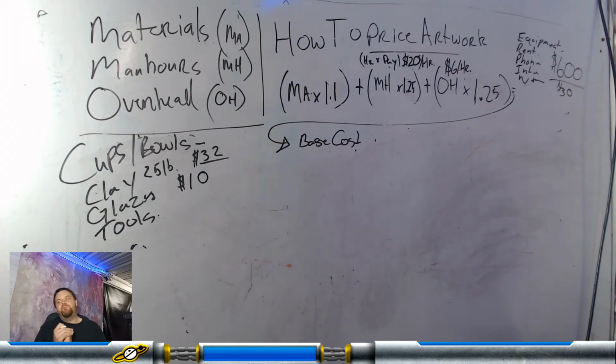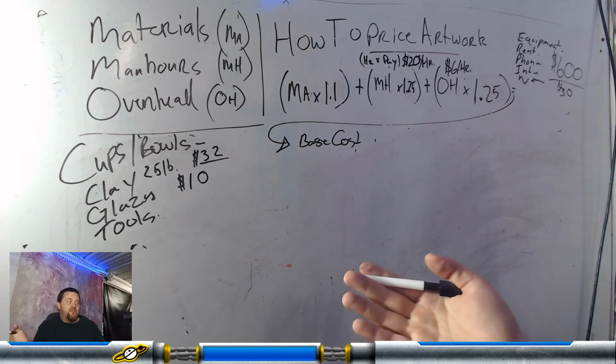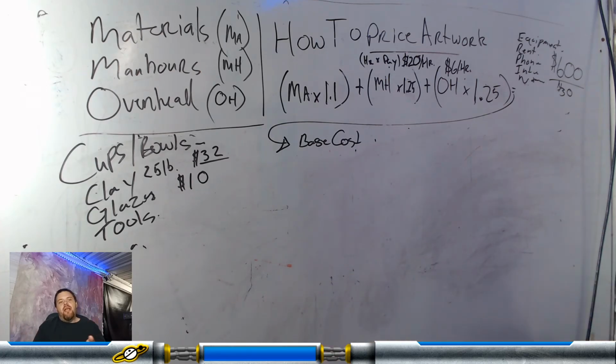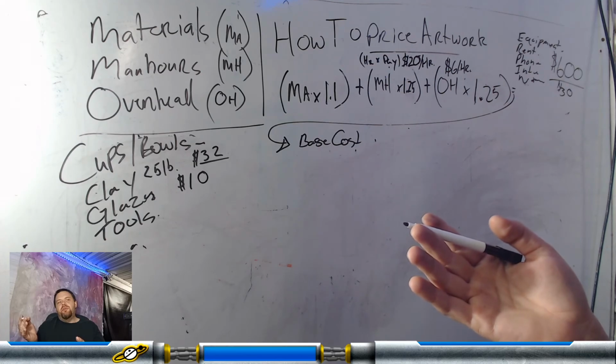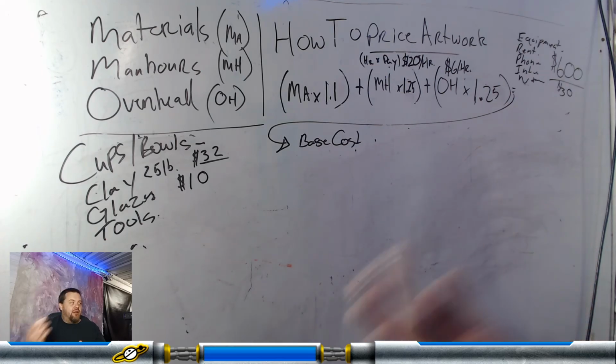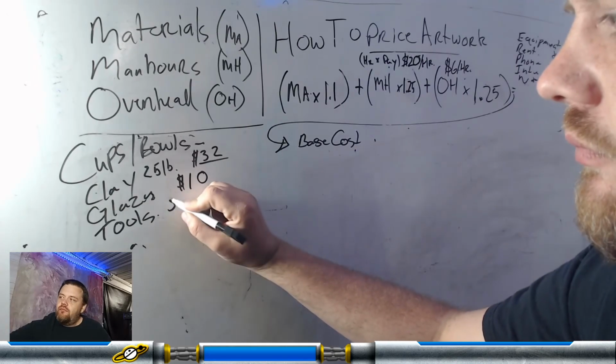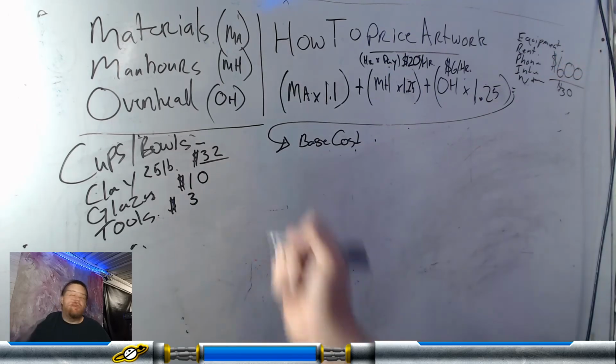Tools. I don't normally see this cost because it's usually, man, I totally broke this tool, there's $15 for that. Or, man, I have to create a new rib because I wore this one down, or something like that. So I don't normally see a tool cost directly. It's an indirect cost. So I usually account for every 25-pound bag of clay, I usually run $3.